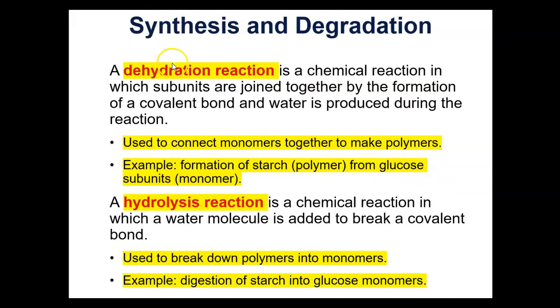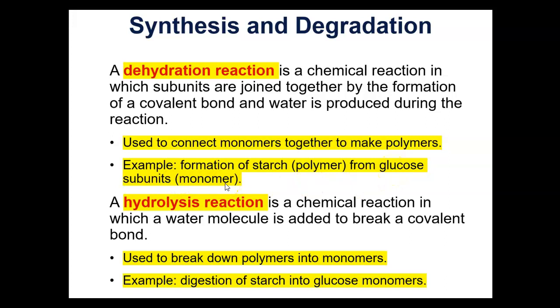Now, a dehydration reaction is a chemical reaction where a larger molecule is synthesized. So dehydration reaction is used to connect monomers together to make polymers. So for example, the formation of starch, which is a polysaccharide polymer from glucose subunits.